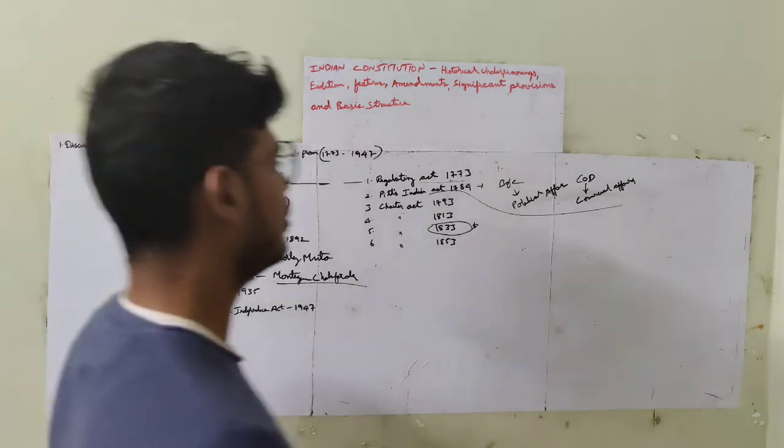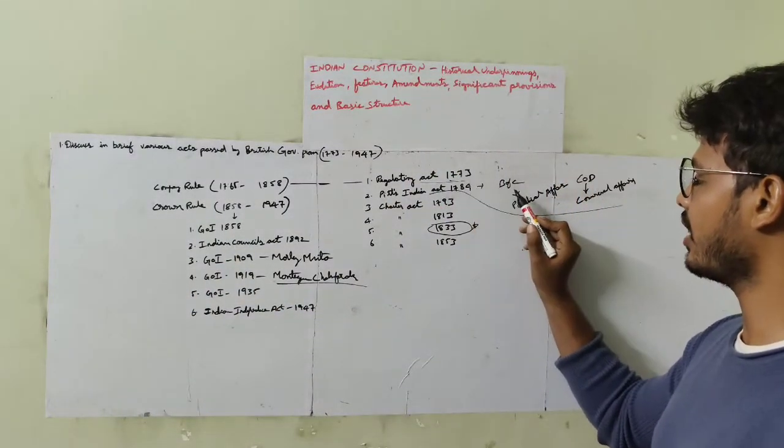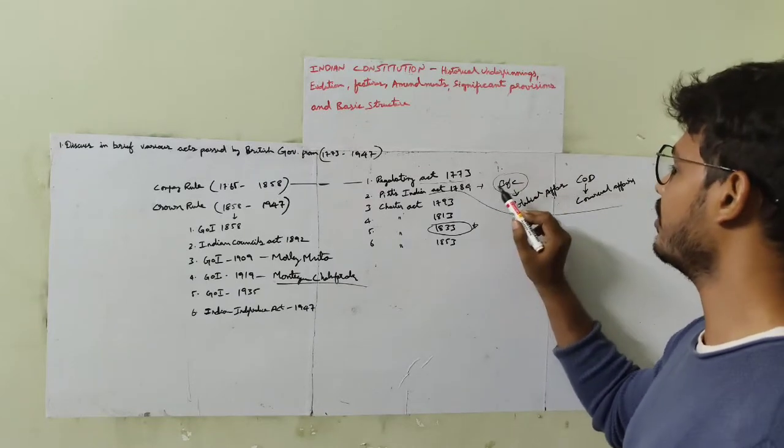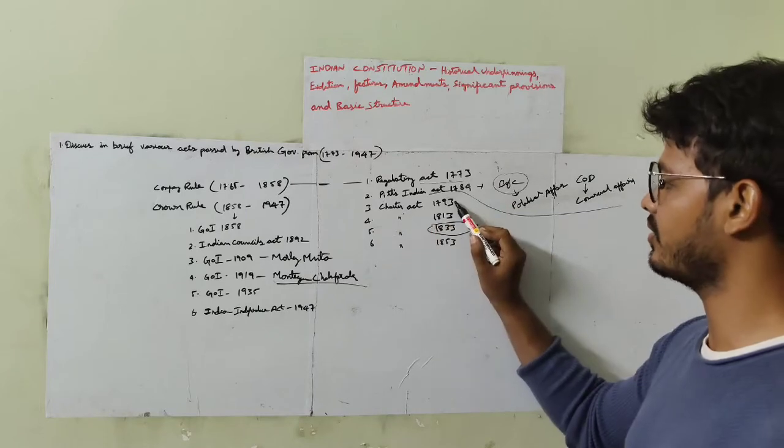I told you they created the Board of Control through the 1784 Act. The revenue and all the expenses were to be borne from Indian revenue. That's what the Charter Act of 1793 said.